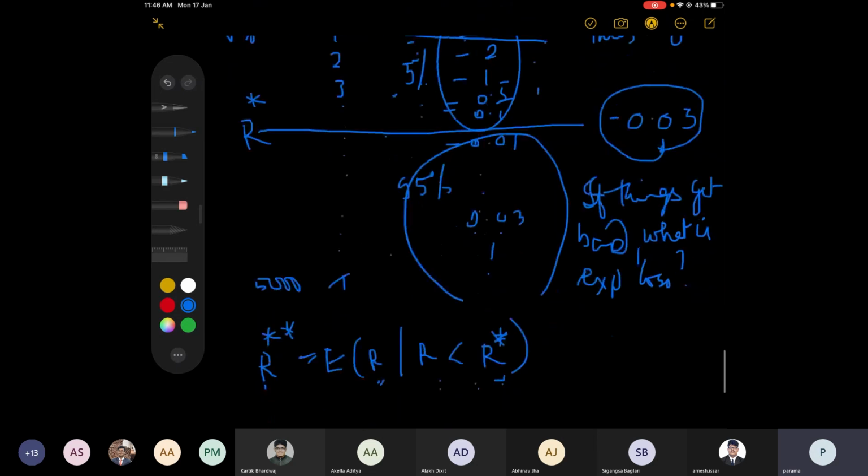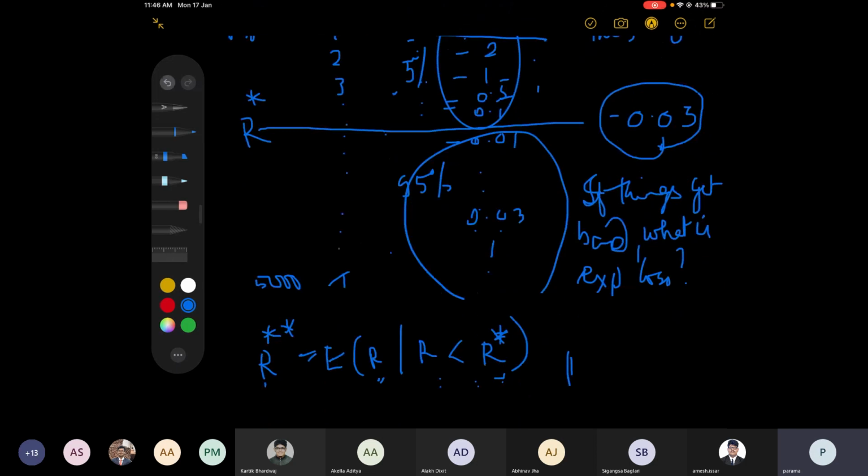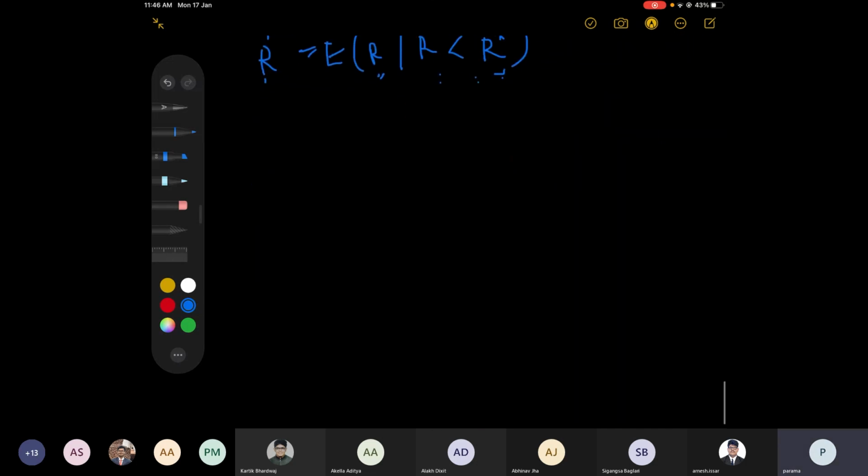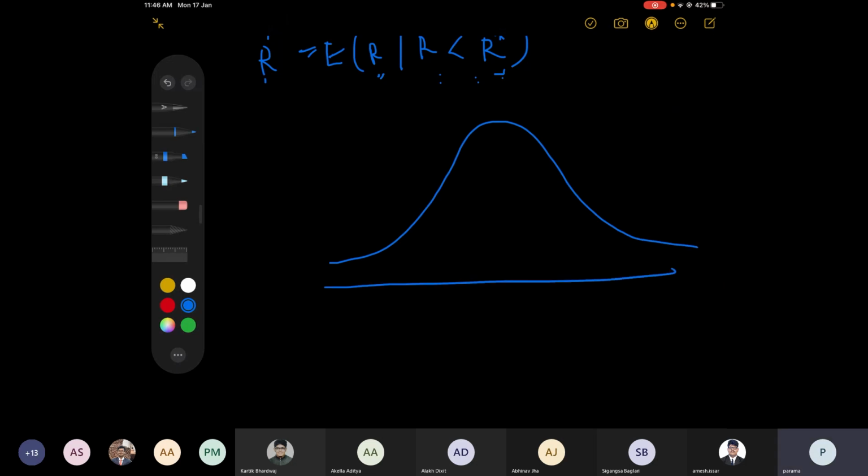Conditional value at risk does not ignore the values that are beyond this cutoff point. Let me just try this out. I can have a distribution like this, or I can have a distribution like, let me make it very fat tailed.